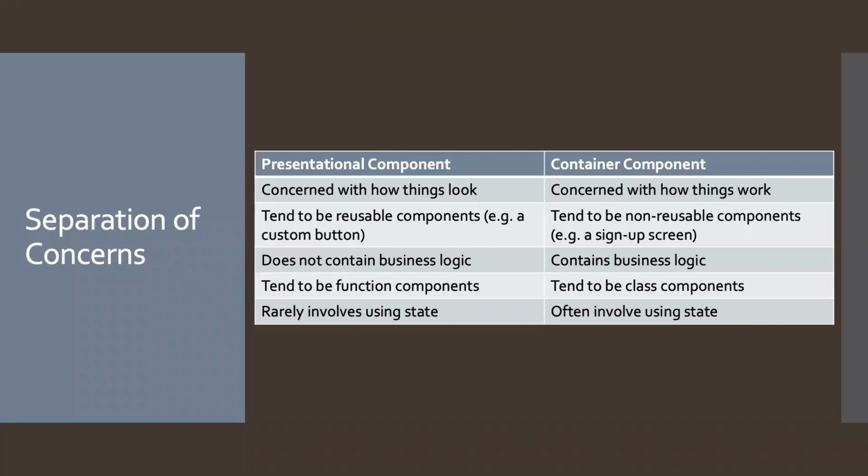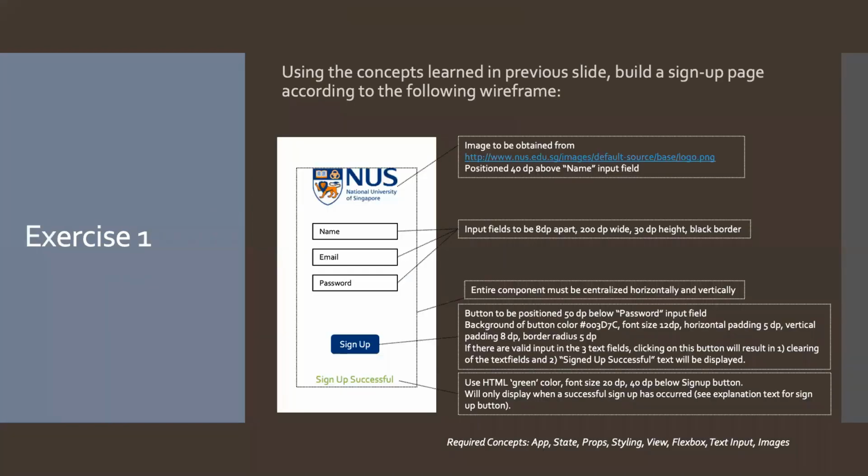Okay. So right now, I'll talk a little bit about exercise 1 and how to go about solving it. There are some implementations that we have not covered yet, which I think some of you might have difficulty implementing, and I will go through that in a little bit as well.